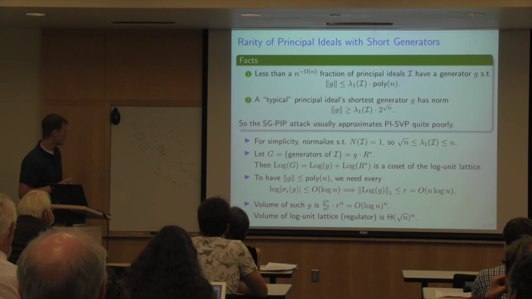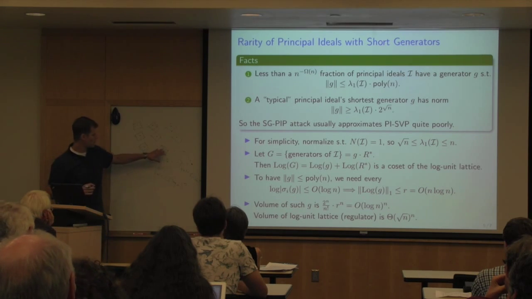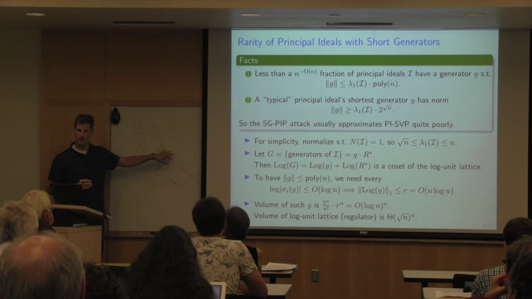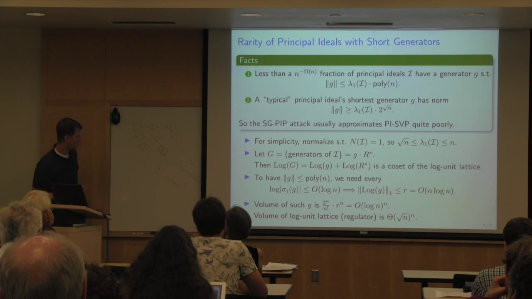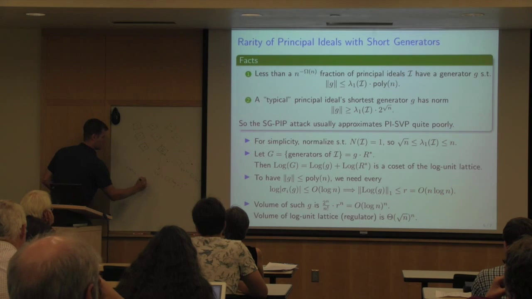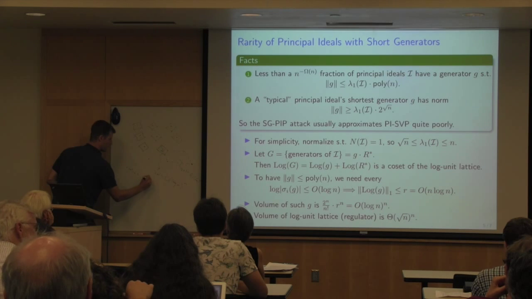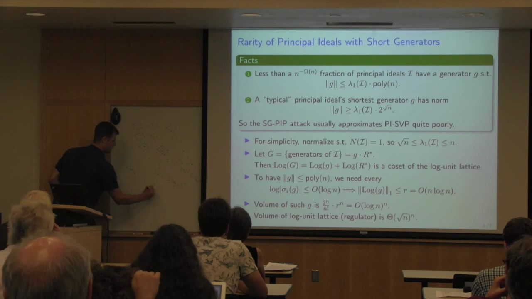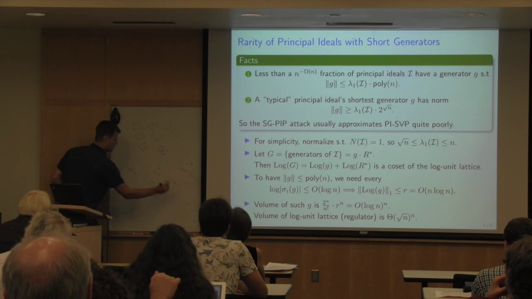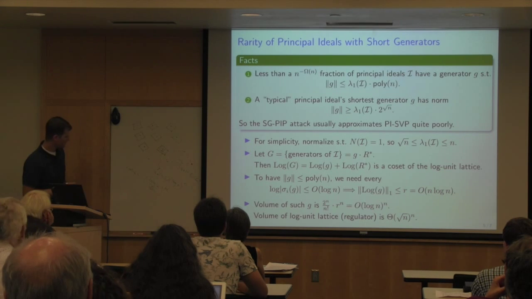Okay, and so the ratio of the good G's, so the short G's, to a random G here is very small. It's at least log n over root n to the n. So that's vanishingly small.